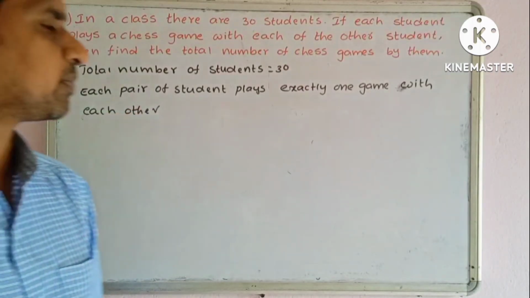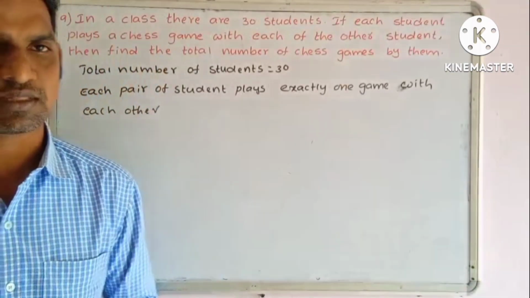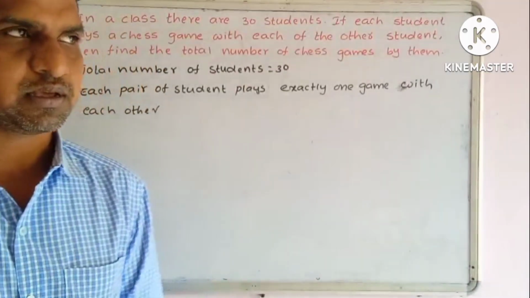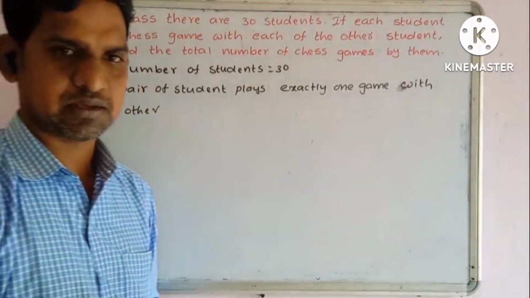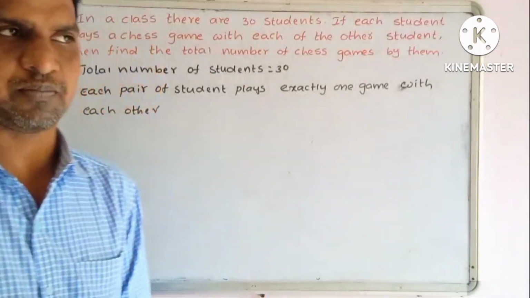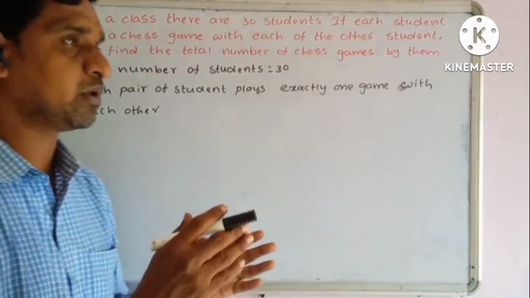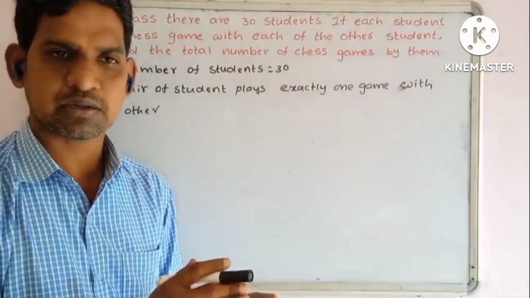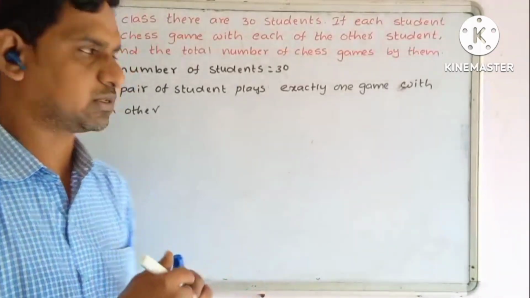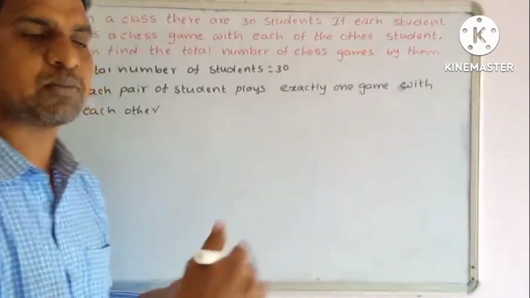Here observe that two persons, for example two students, are there. Let us say A and B. If A is playing with B, it is the same as B playing with A. So order is not important, here we are taking only combinations. Okay, we are taking two students out of 30.